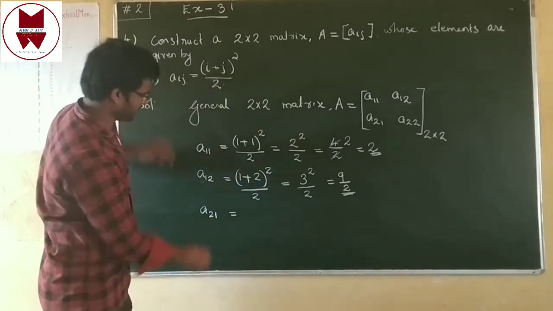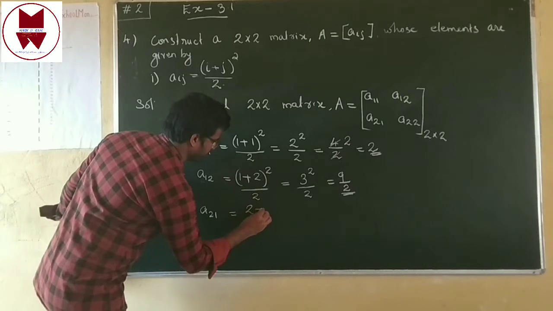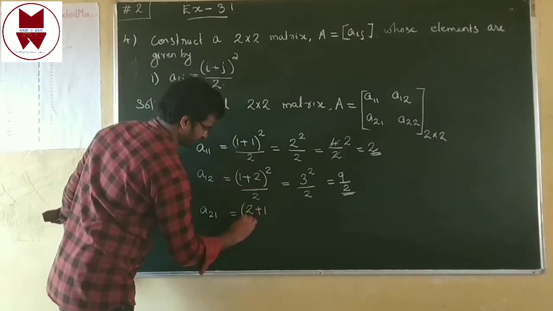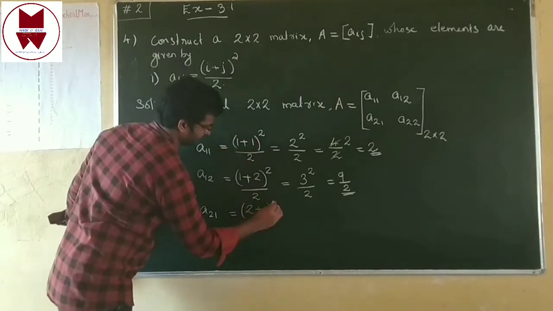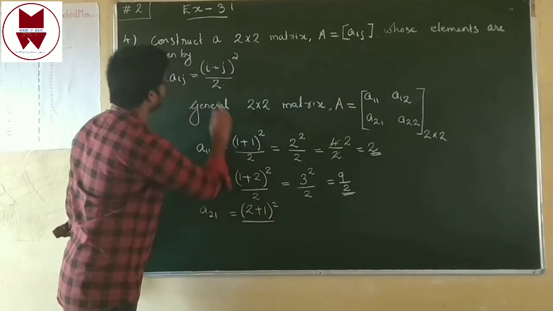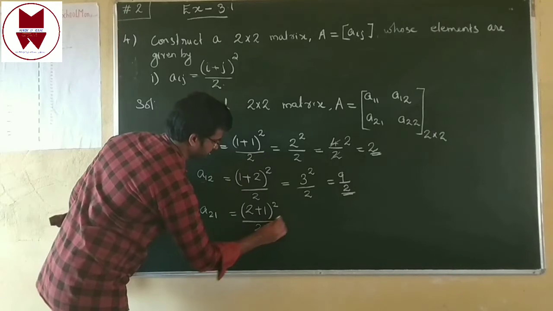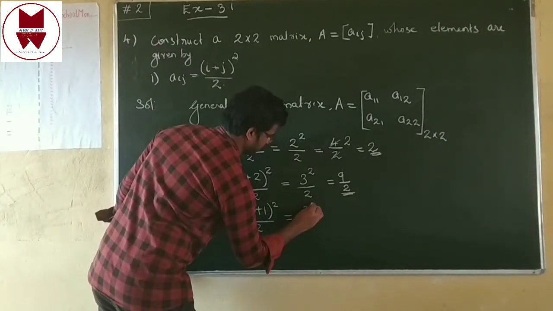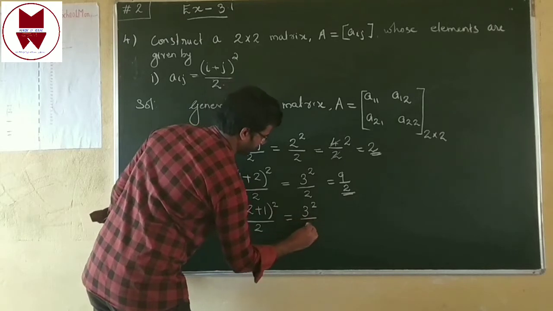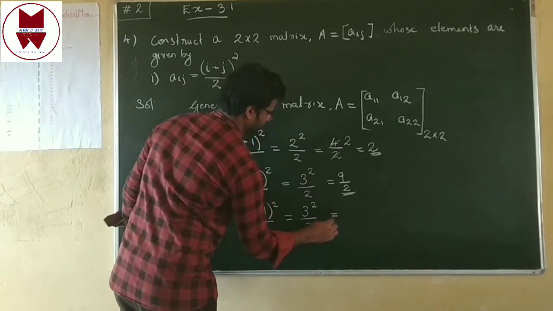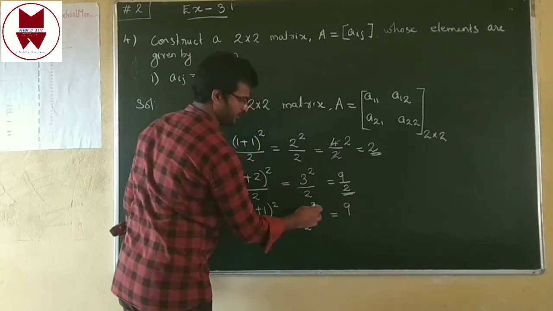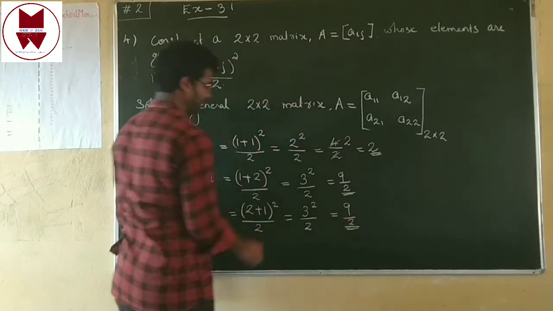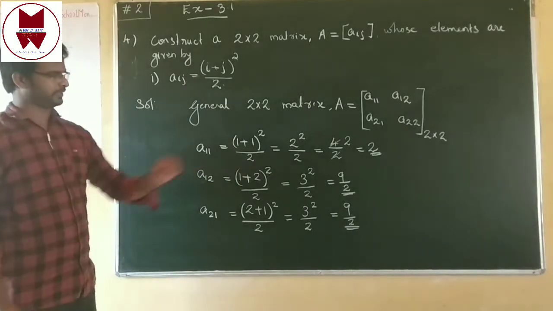So 2 plus 1, all square, all divided by 2, equal to 2 plus 1, 3 square, divided by 2. 3 square is 9, 3 into 3, 9, divided by 2. Here also we cannot simplify that.